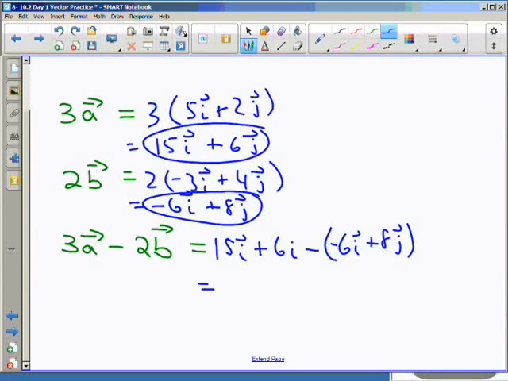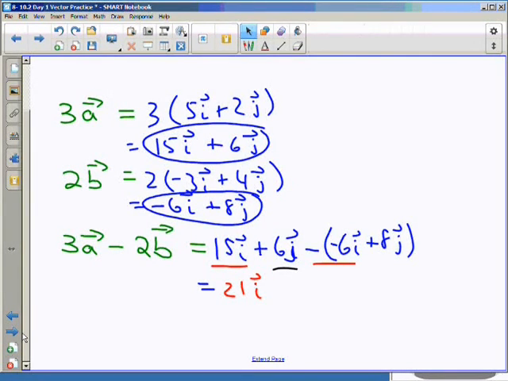And this equals 15 minus negative 6. That gives me 21i. And then a 6. Whoops. Let's write these properly. That's a j. A 6 minus 8. 6 minus 8 is minus 2j.